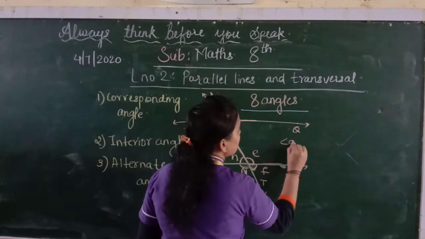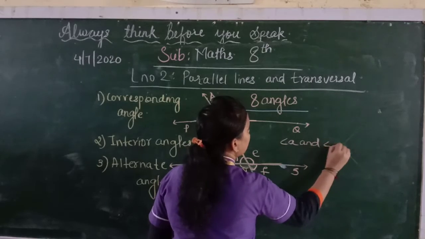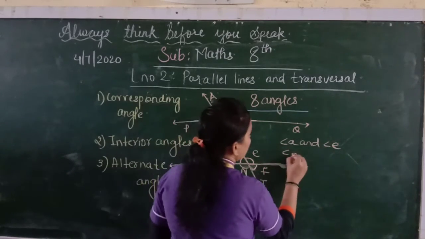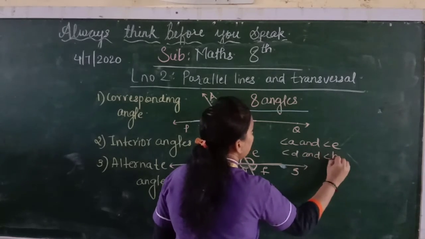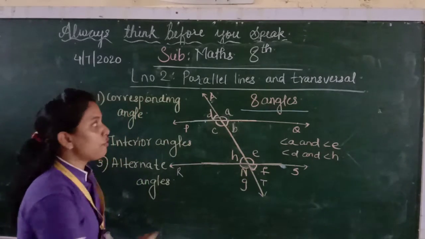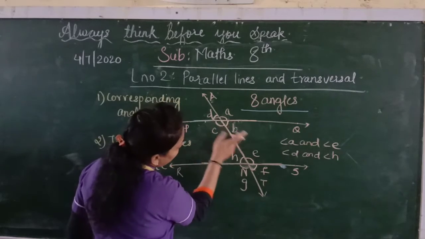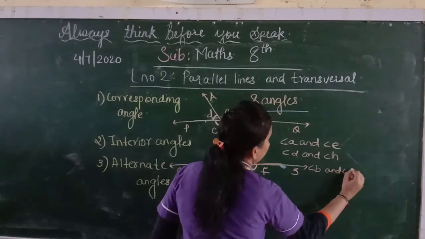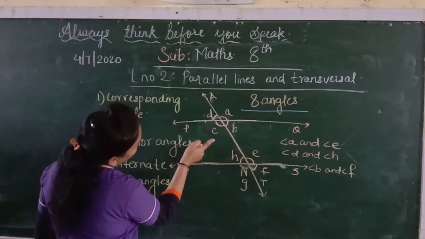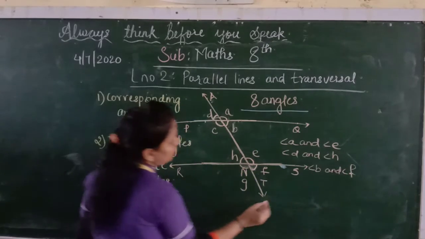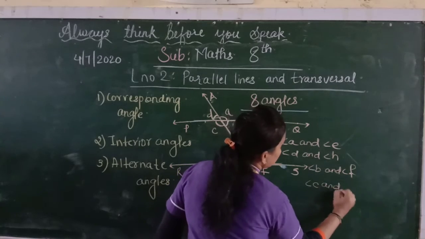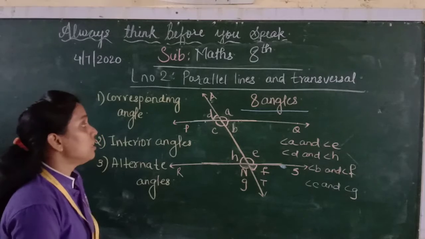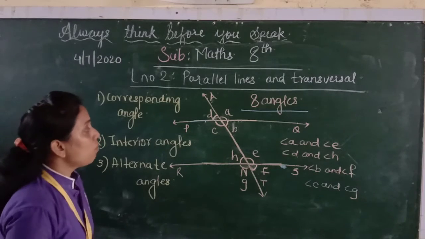On this side it will be D and H. Now if you see from the upper side, it will be B and F. From this side if you see, it will be C and G. These are corresponding angles.